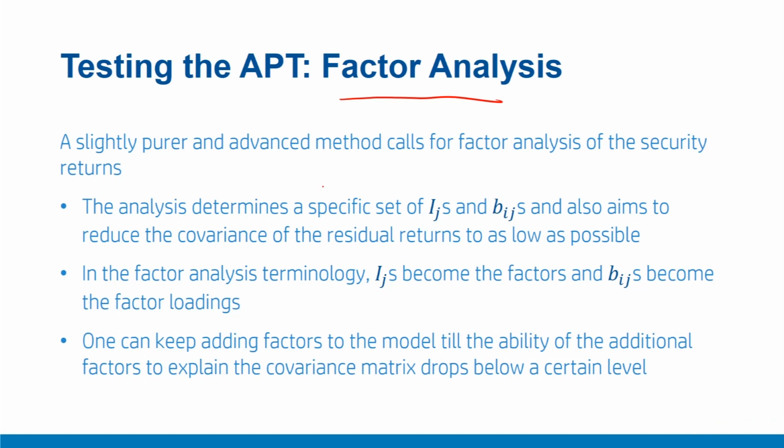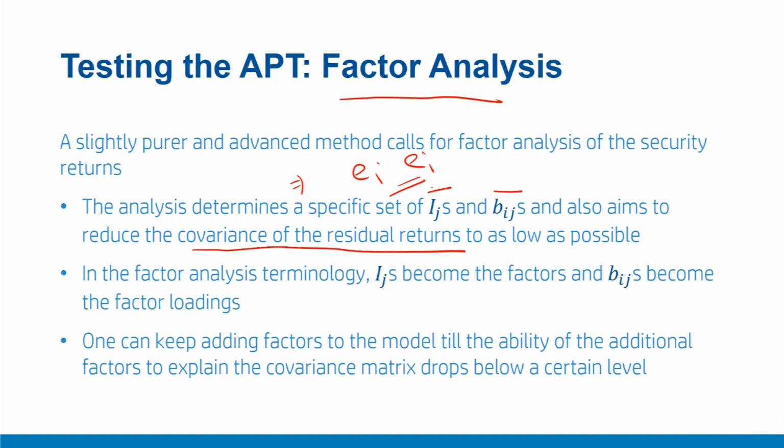As a part of factor analysis, one obtains mathematically determined IJs or factors and BIJs or sensitivities in a manner that reduces the covariance of residuals. Remember, these single or multi-index return generating processes have residuals that are stock specific components, and it was assumed that residuals EI and EJ should have minimum or almost zero correlation or covariance with each other.